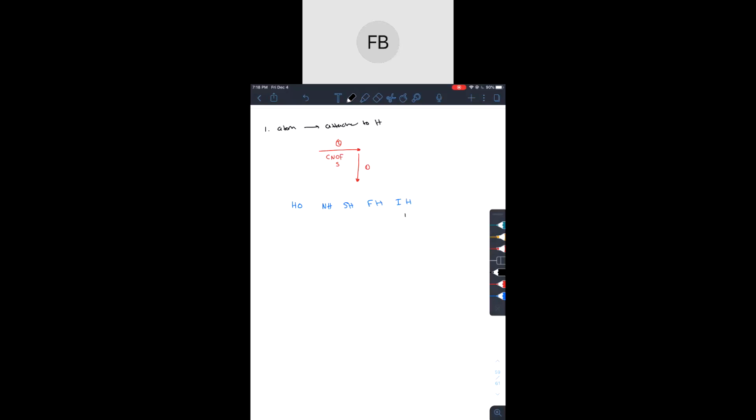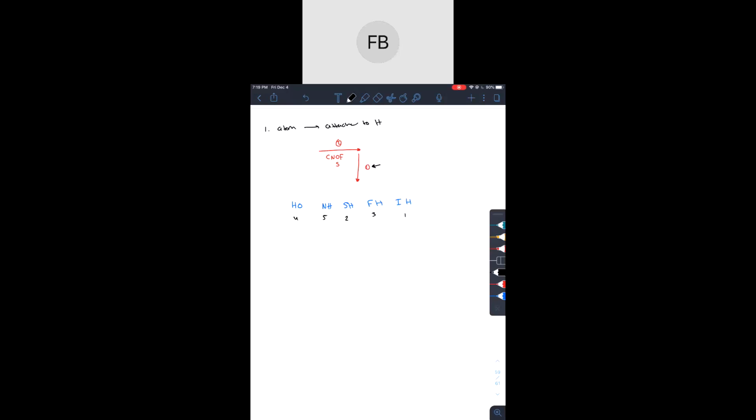It would probably be SH because S is more down than F. That's why I said the primarily thing, because most important is how far down it is. So yeah, then SH, then FH, then NH, and then OH. Oh, OH would be first, my bad. Yeah, okay, perfect.